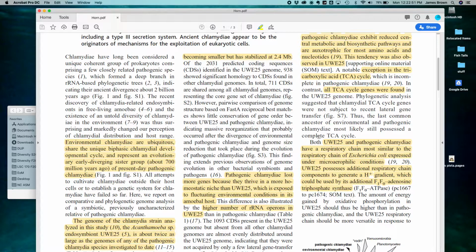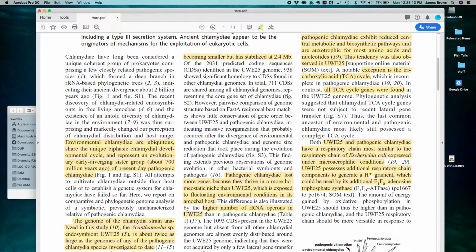There aren't a bunch of pseudogenes in it. There aren't a bunch of transposons and that kind of stuff. This genome seems to have stabilized at its current size and state, and is not continuing down the road of reductive evolution the way other pathogenic chlamydia have.